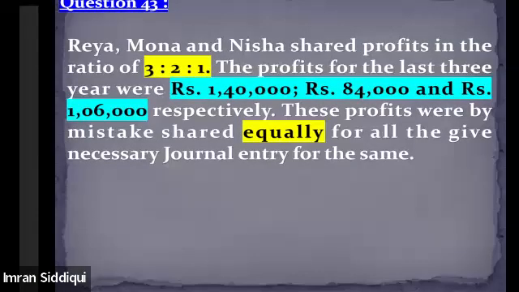Okay, so Ria, Mona, and Nisha were partners sharing profit in the ratio of 3 to 2 to 1. The profit for the last 3 years of the firm is given, and these profits were earlier distributed in equal proportion. Now we have to pass the journal entry and make it correct. Okay, so let's start the question.